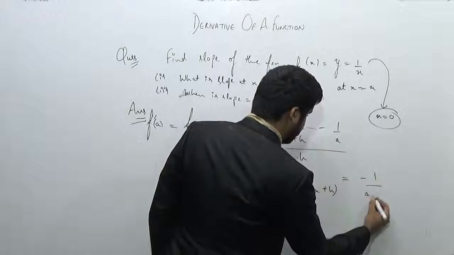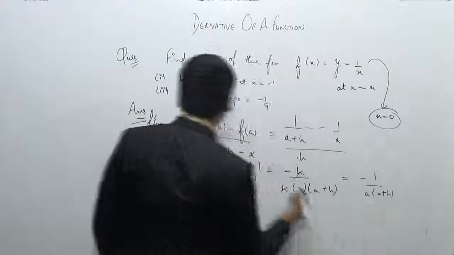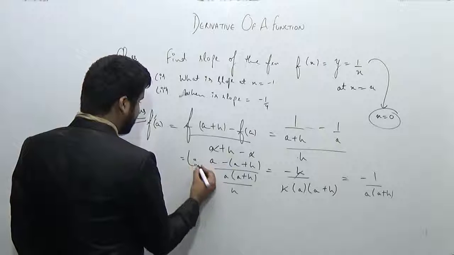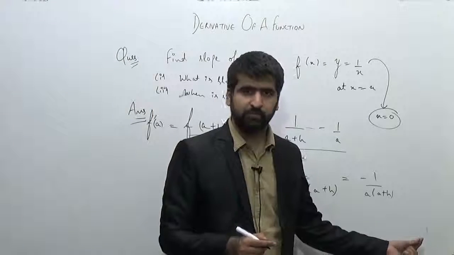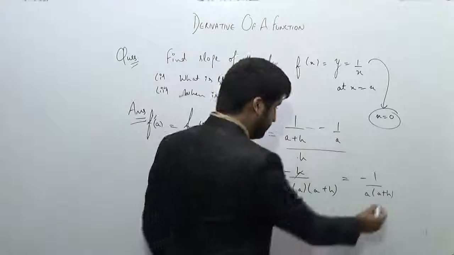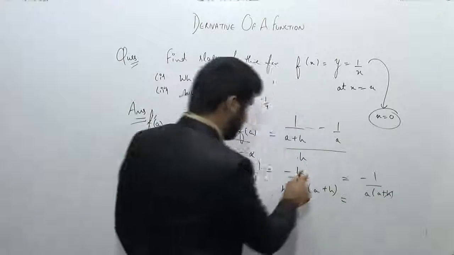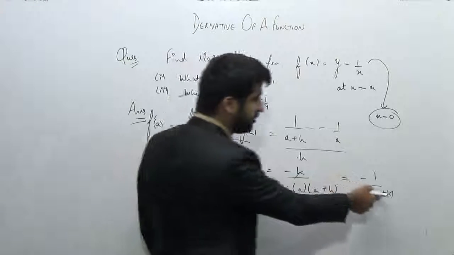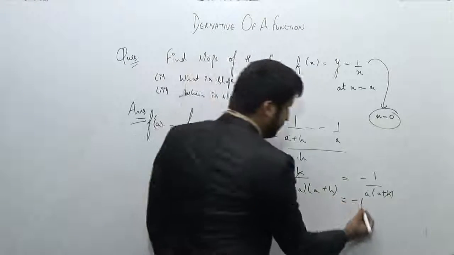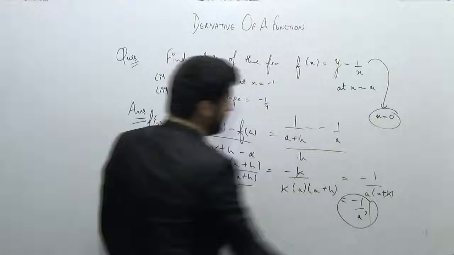So this comes out to be -1 upon a into (a+h). Now since we know that h is tending to 0, h is a very, very small number which is being added to a here. So this can be substituted as 0. Because we cancelled this out, this is no longer 0 upon 0 form. Therefore I can substitute the value of h is equal to 0. This comes out to be -1 upon a square.